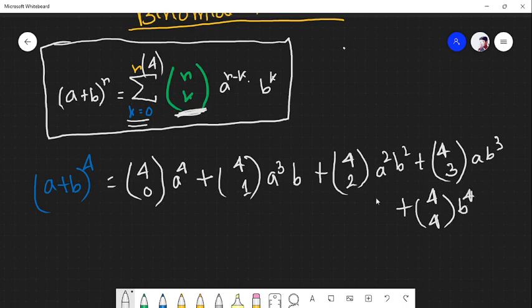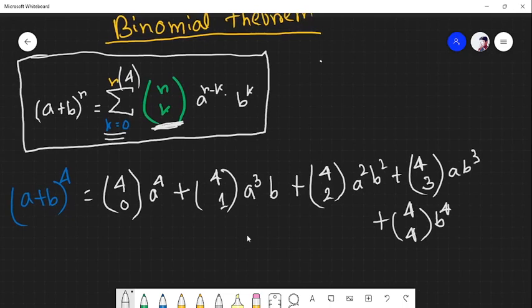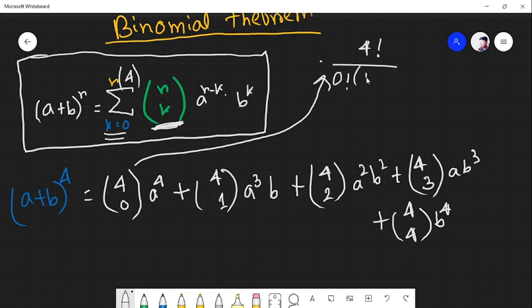Now let's calculate it. This means 4 factorial over 0 factorial into 4 minus 0 factorial. Now we know that 0 factorial is 1, and 4 minus 0 factorial is just 4 factorial, so we can just cut them down, and we're left with 1. So the coefficient is 1.